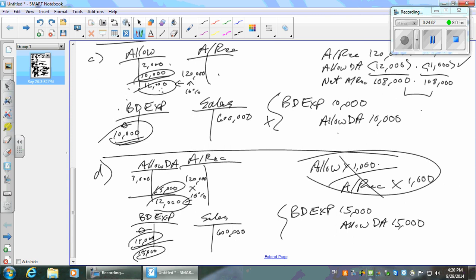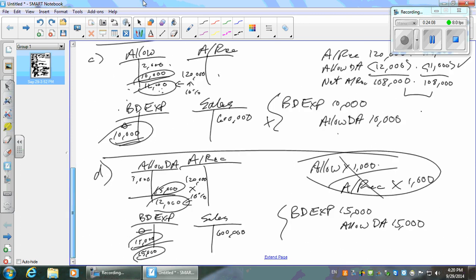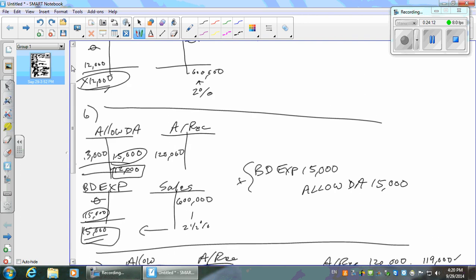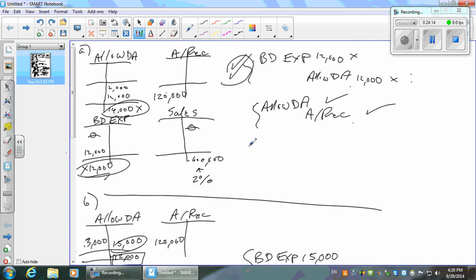So what we've got here is in A they're making their estimate based on sales. So they're estimating bad debt expense. So you force bad debt expense to be 12,000, okay? And then allowance for doubtful accounts just falls where it does. You only get to do one, you don't get to do both. It's impossible to do both. Does that help?